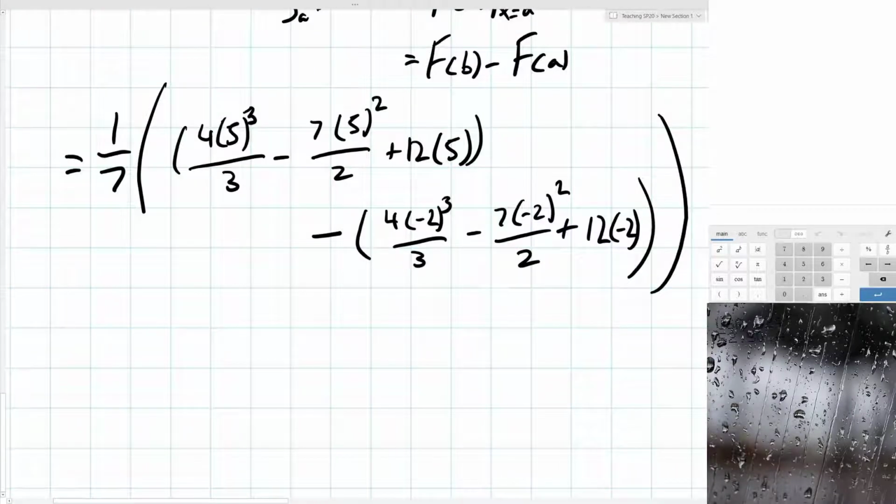And we should go ahead and evaluate this. You can plug this into a calculator right now if you want. I would probably plug it in smaller pieces. So 5 cubed is 125.